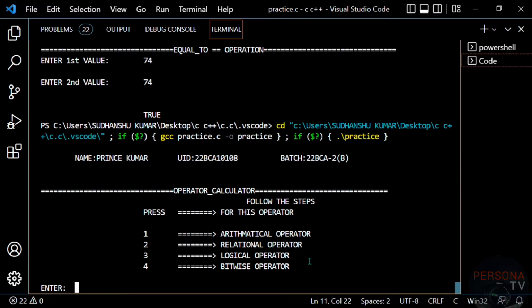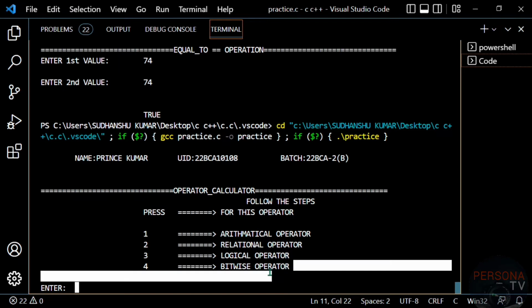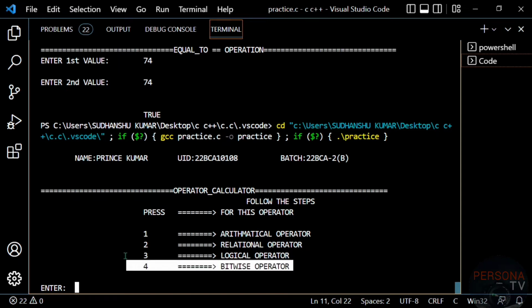Yes, the bitwise operator is very important for our future. It's a basic, one step of cryptography.